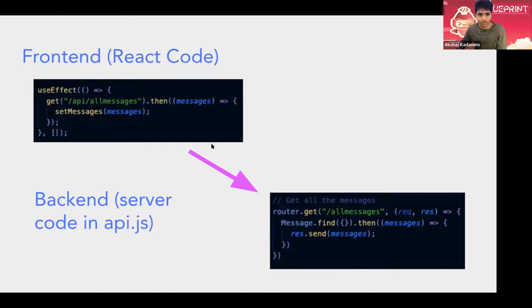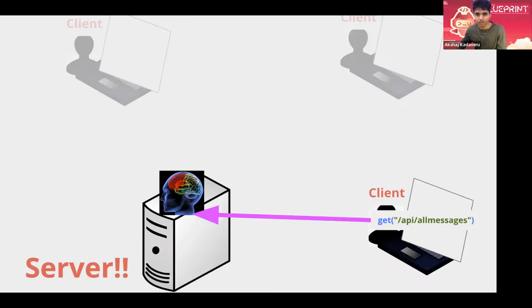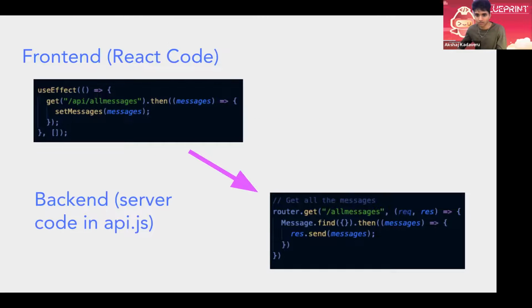Yeah, so I'll talk about the server code more in depth right here. What's happening is this is the process of sending over the pigeon. So this is front end code, like the house, Alice's house. And you remember we talked about useEffect last time. We talked about sending a get request.